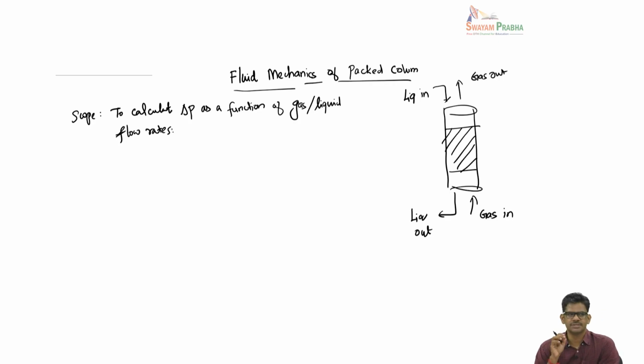Now, once we know this pressure drop for this particular packed column, we can use it to calculate the desired diameter for the packed column. So ultimately we want to calculate the desired diameter.